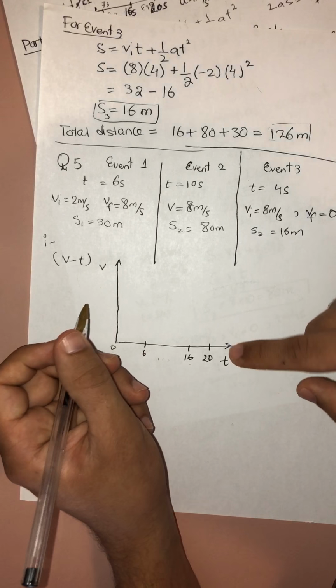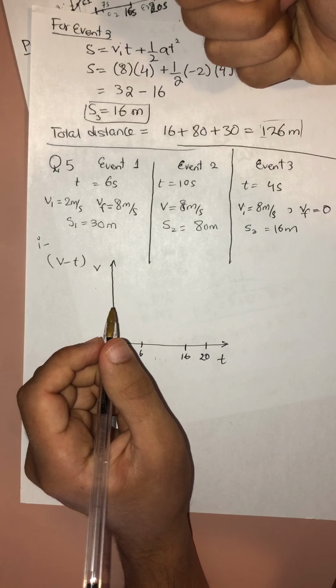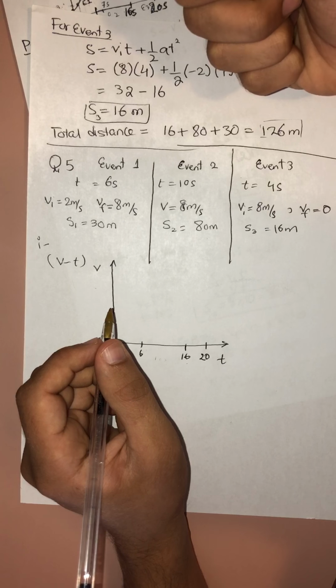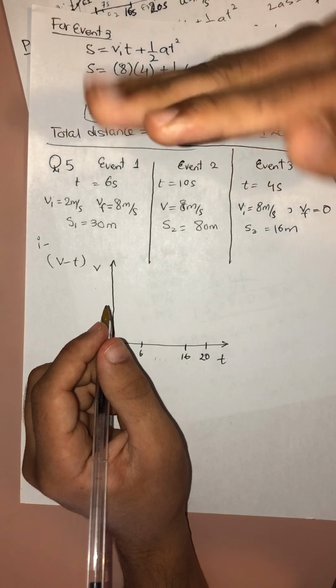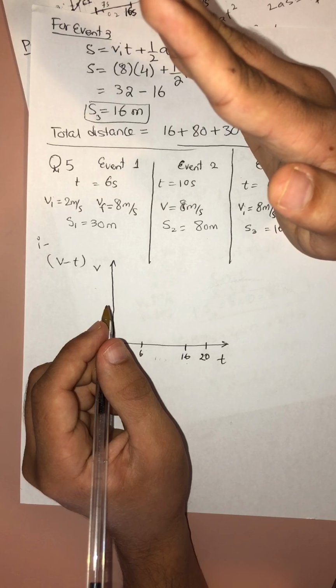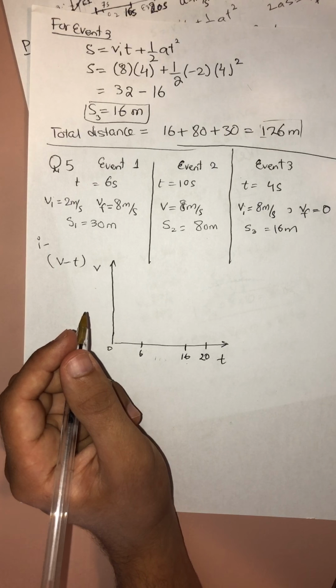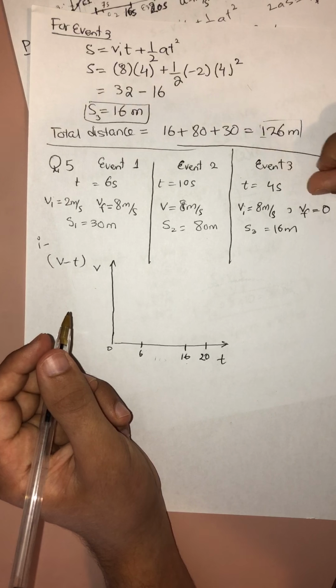Remember, whenever the acceleration is constant, the shape of the graph is straight lines. They might be steeper, they might be horizontal, depending on the value of acceleration.